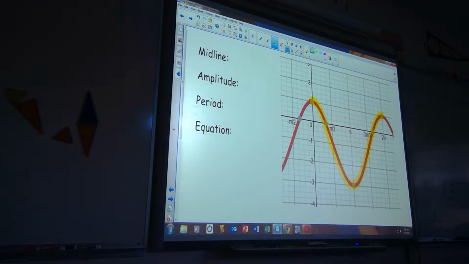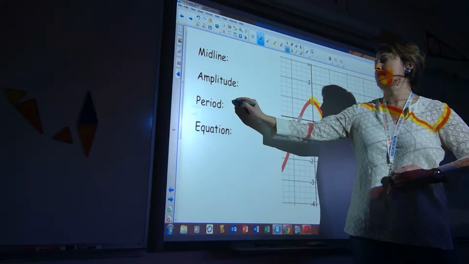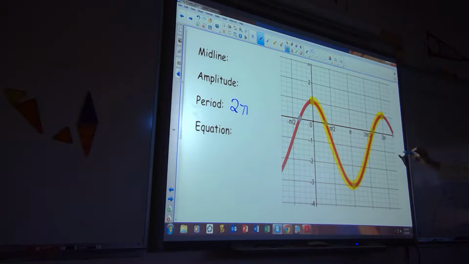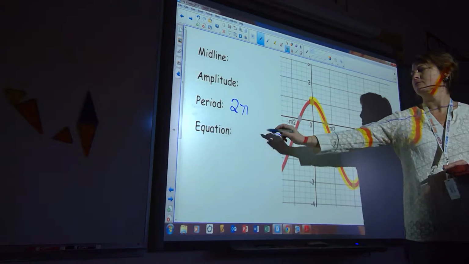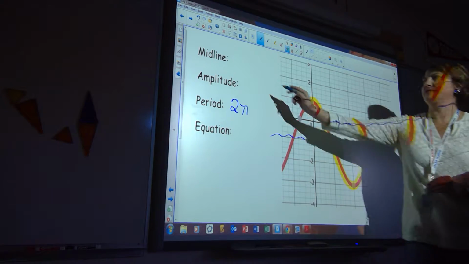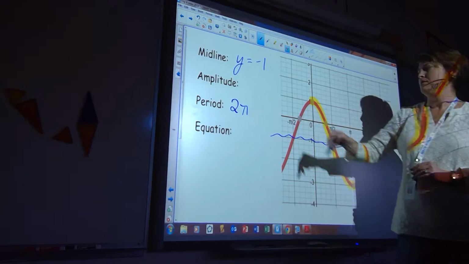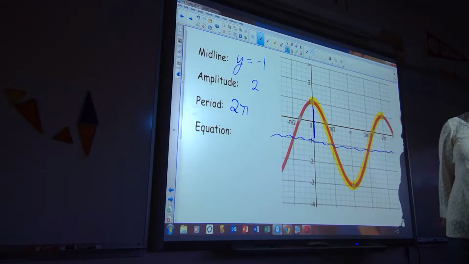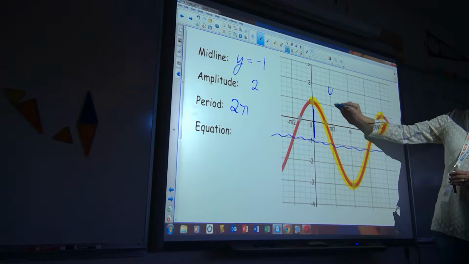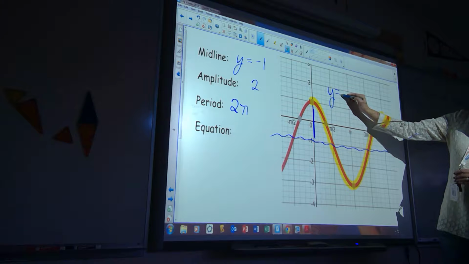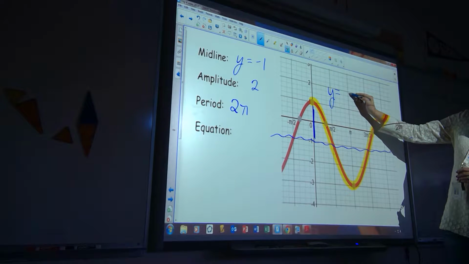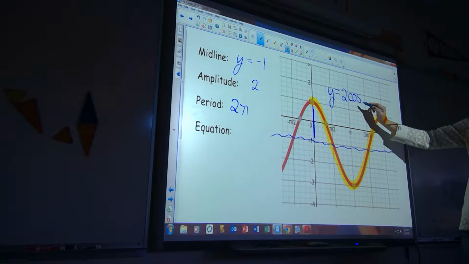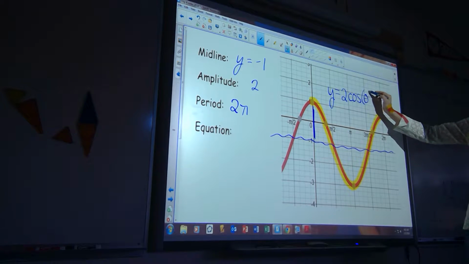Let's see. So the period is still a 2 pi. Here's my midline. So that's definitely changed. What else? It looks like my amplitude has changed. So this equation would be y is equal to 2 cos of theta minus 1.